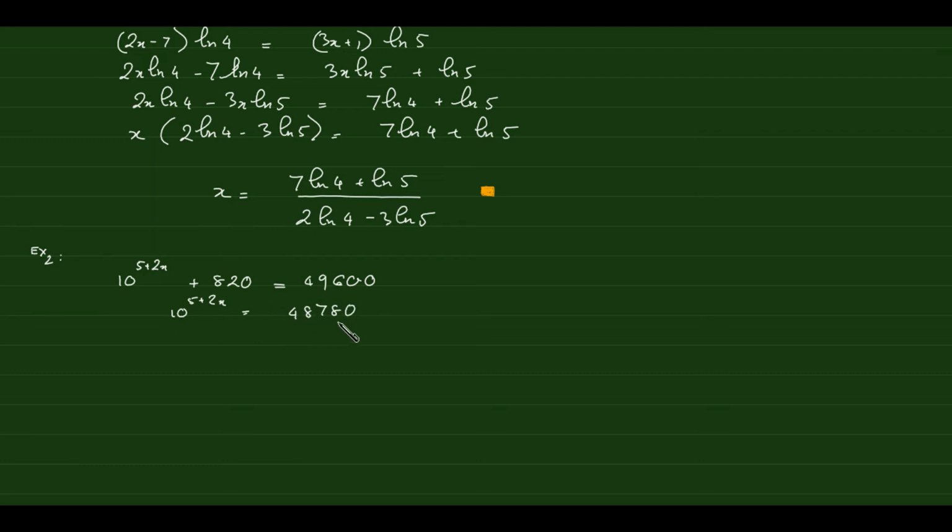Now you see that there's no way we can change this to base 10. What number multiplied with base 10 gives this? No way. So over here is 10, so I'm gonna take log base 10. See, I don't do natural log anymore.